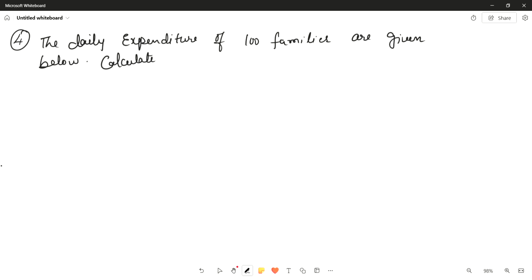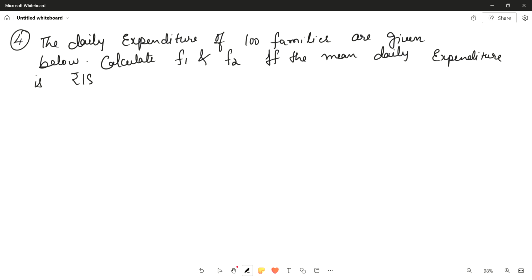Calculate F1 and F2 if the mean daily expenditure is rupees 188.